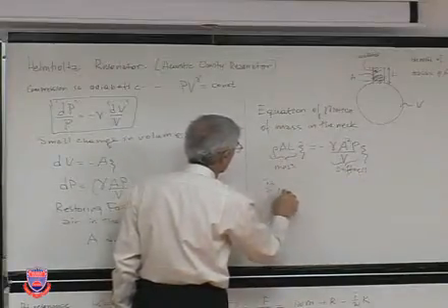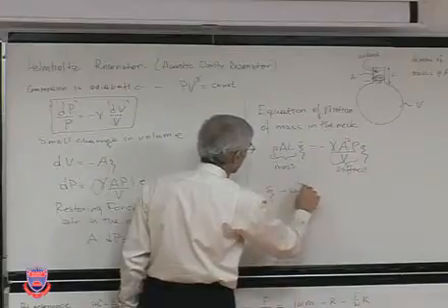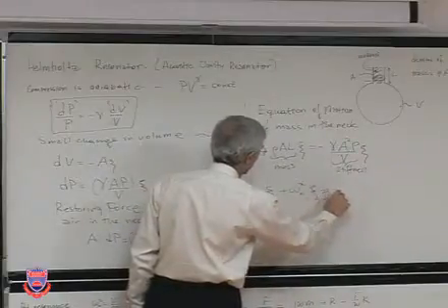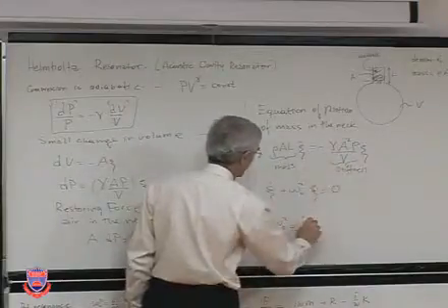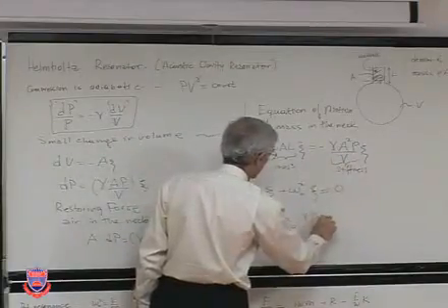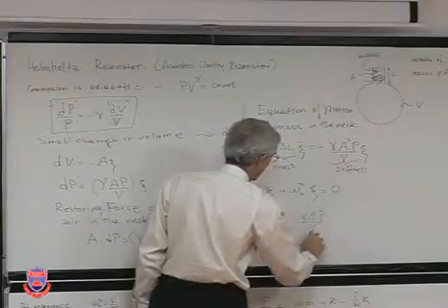And we can write this as a harmonic equation, and omega squared should be the ratio of these two.